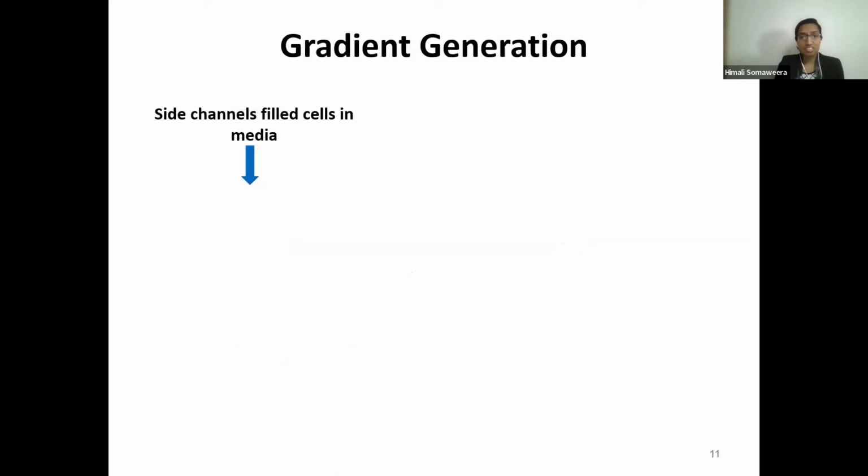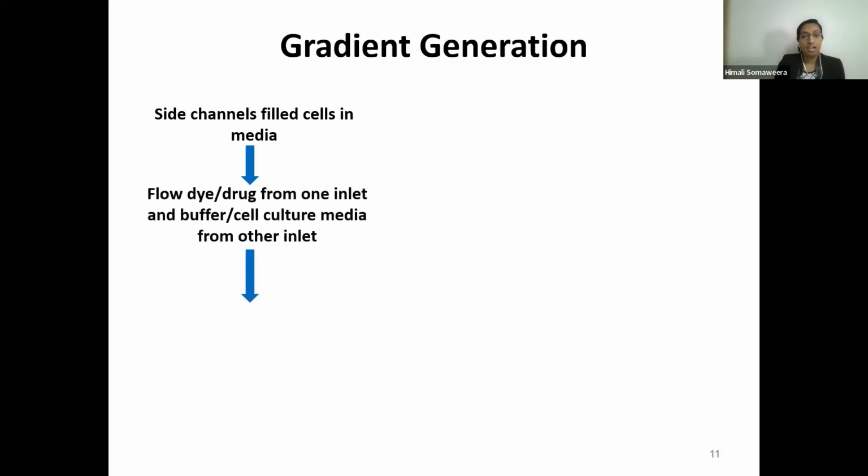Now, how the device works: since I mostly use it for cell-based studies, the side channels would be filled with the cell media, and then you can flow the dye or drug from one inlet, and buffer or cell culture media from the other, based on the experiment.